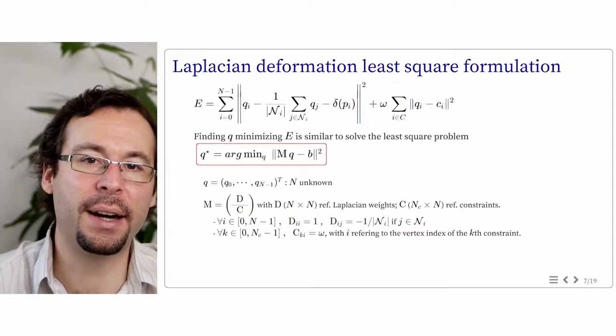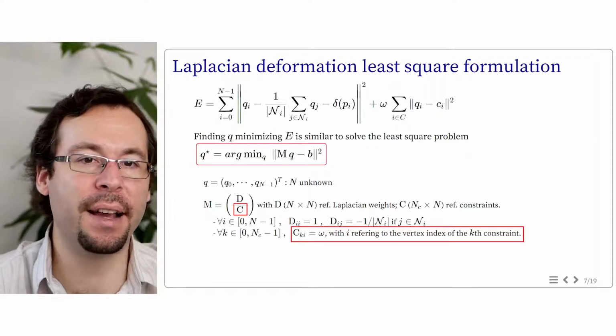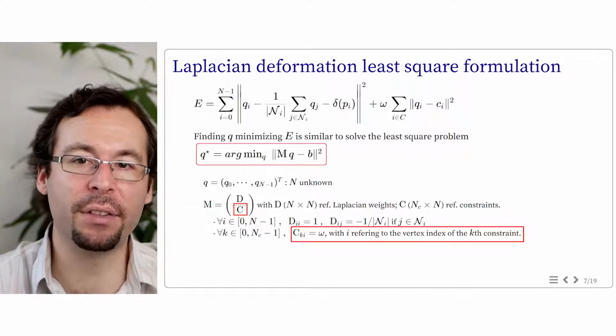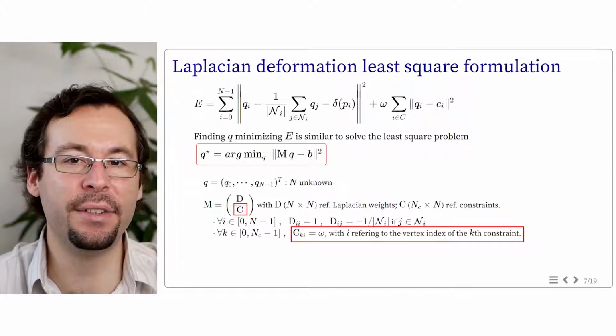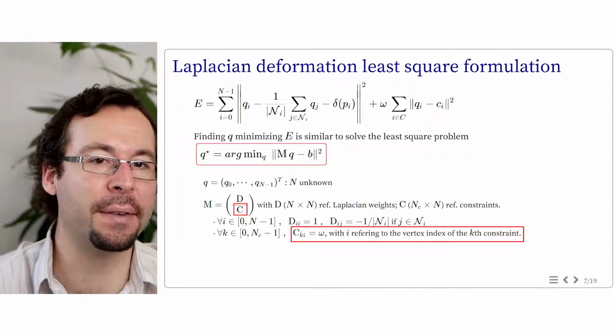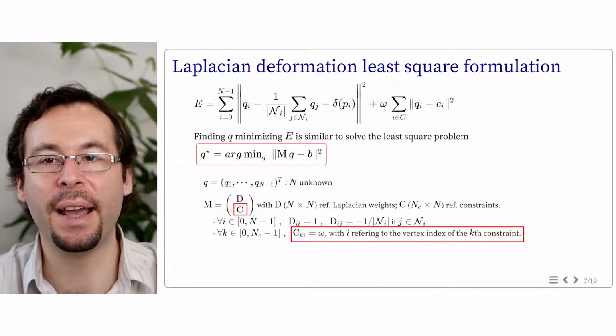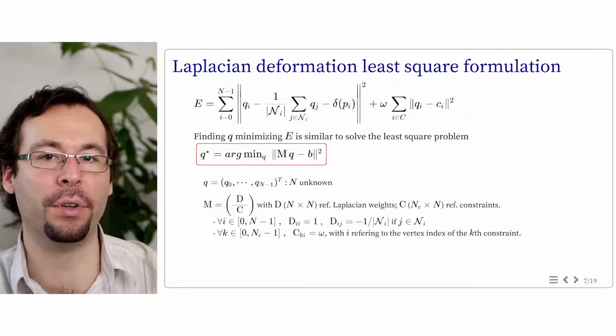And the constraint part is a rectangular nc times n matrix, where the entry c k i is the weight omega, for i being the vertex index and k the number of the constraint.